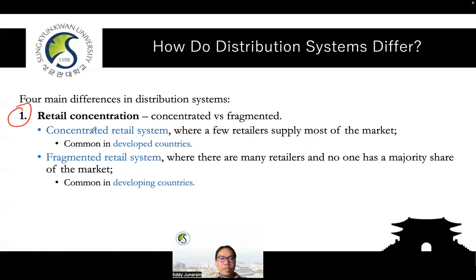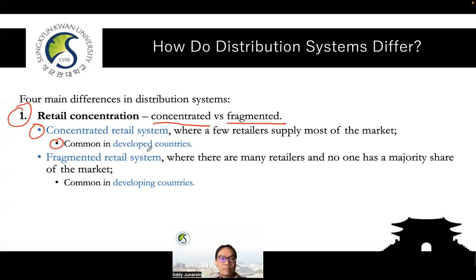How concentrated is the retail situation in that country? Is it rather concentrated or fragmented? A concentrated retail system is one where only a few retailers supply most of the market.